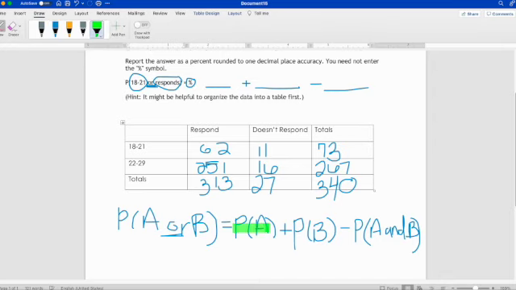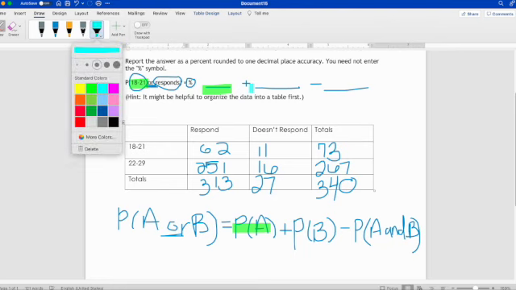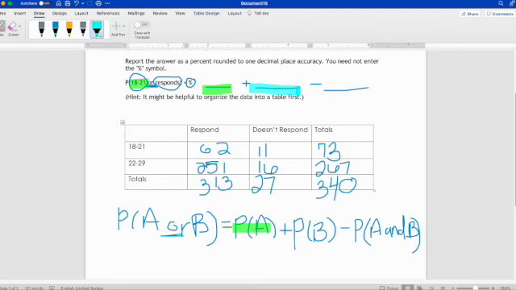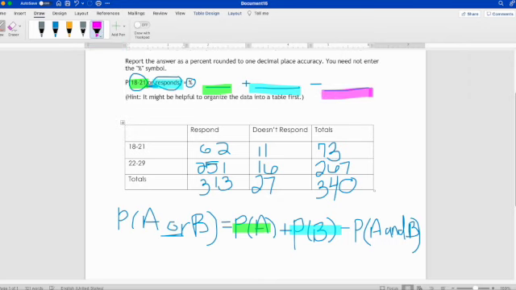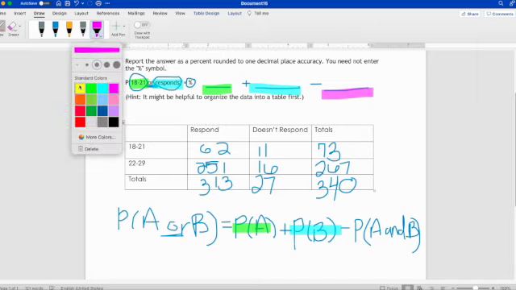I'm finding the probability of A, that's going to be this piece here, the probability of being in the age group 18 to 21. Then I'm going to find the second event, the probability of B, which in this case we're talking about the people that respond. And then if there's any overlap, we're going to subtract that off so that we don't count somebody more than once. Okay, so now I'm going to try to color coordinate this.